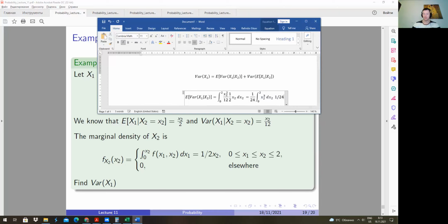So finally I have 1/24 multiplied by x to the power of 4 divided by 4, and here it's going to be 2 to the power of 4 divided by 4, which is 16 divided by 96, right?